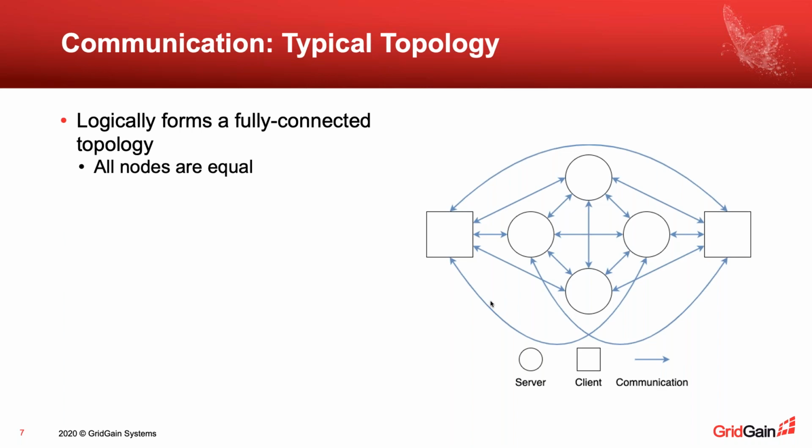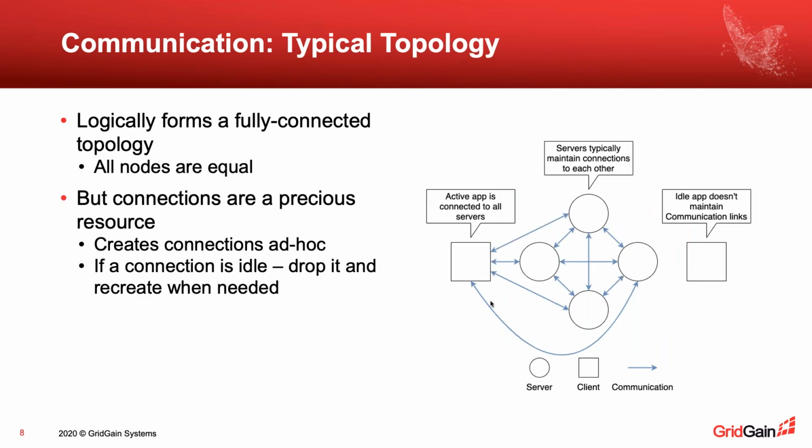And because of that, communication doesn't keep open all of the connections. If an application is idle, it doesn't do anything in the cluster at the moment, like the application on the right on this slide, it won't have any connections open at this time.